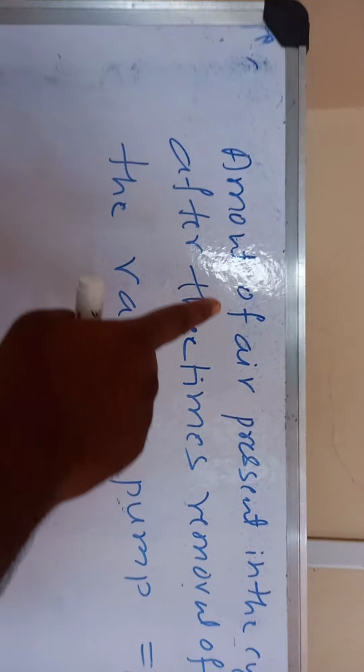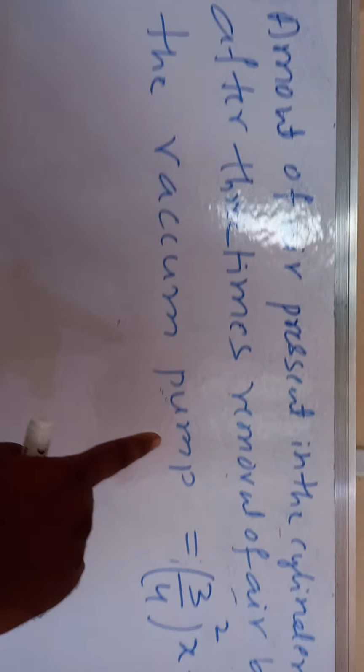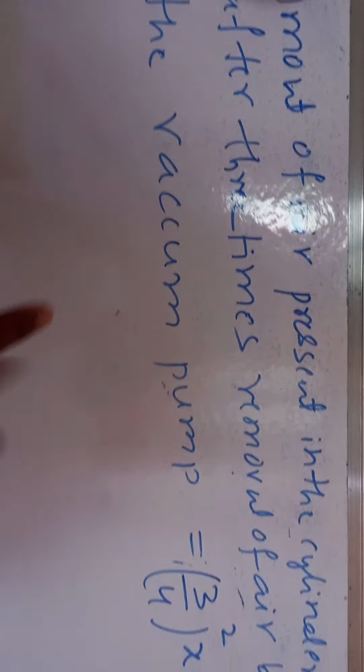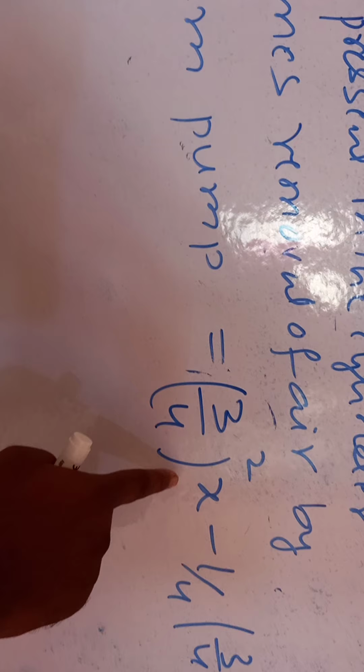Okay, next, amount of air present in the cylinder after the three times removal of air by the vacuum pump. After two times the air remaining is 3 by 4 whole square x.